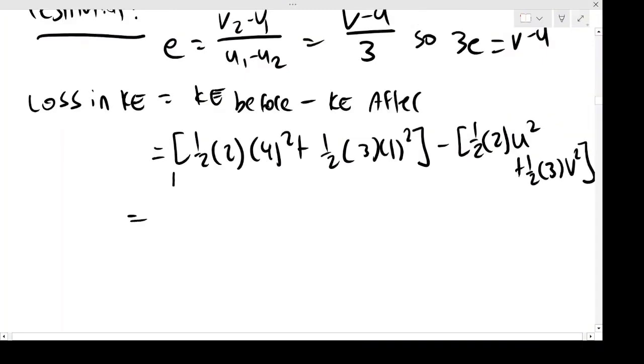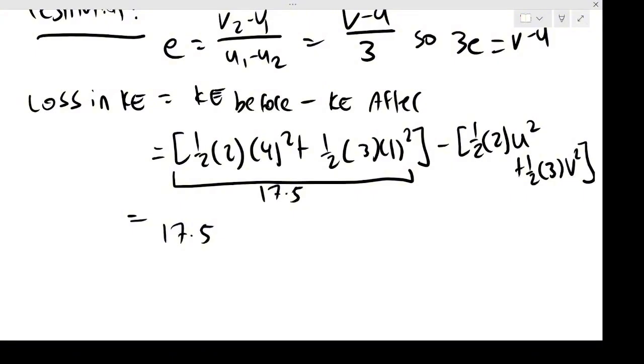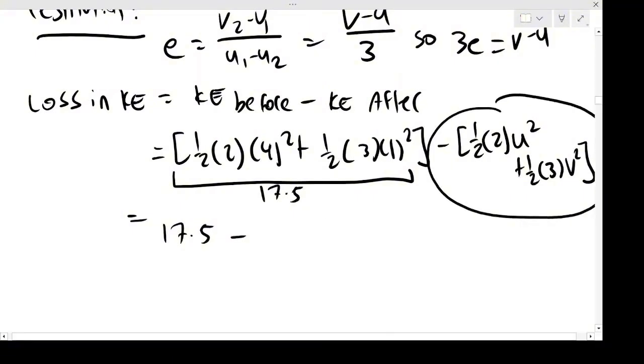If I work out this first part here, that will go to 17.5. Take away that. Now we can simplify this part bit by bit. Firstly, half times 2 is 1, so it's just going to be u squared.